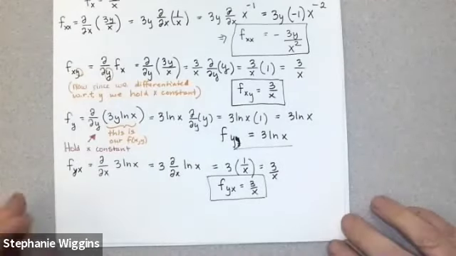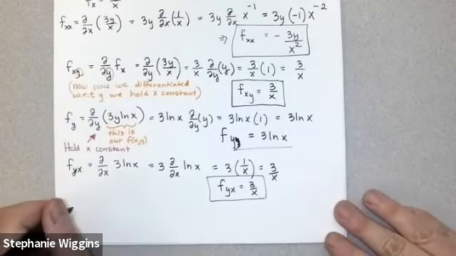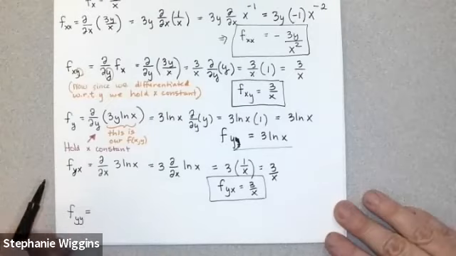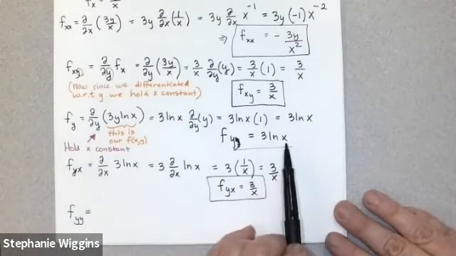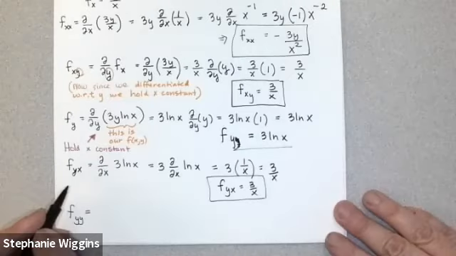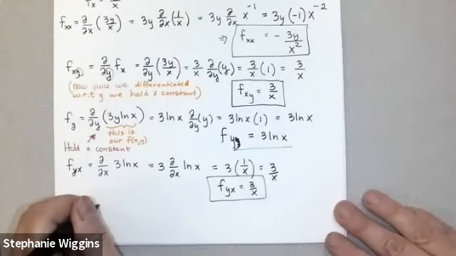Okay, finally, we're going to do fyy. So we're going to differentiate our fy function, which is 3 ln x, with respect to y.